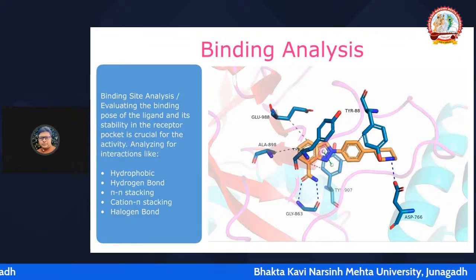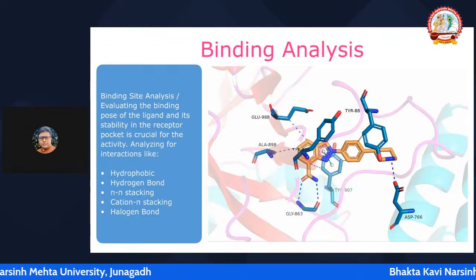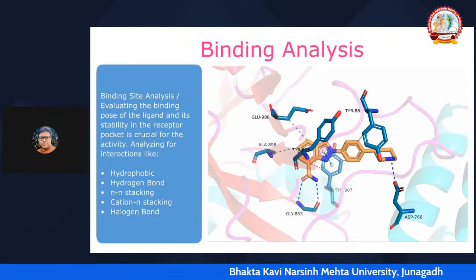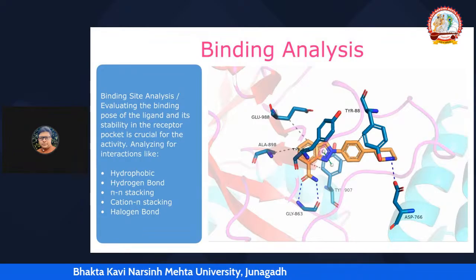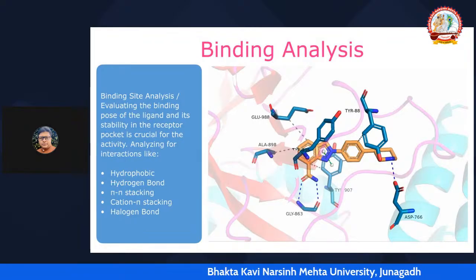And then we have what is called as cation pi interaction. A cation is basically a positive charge in the ligand, whereas pi is basically the electron cloud on aromatic amino acids. So when such a cation interacts with an aromatic amino acid, such an interaction is said to be a cation pi interaction.